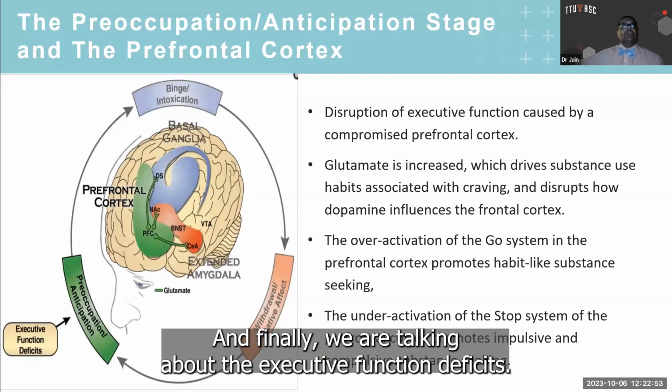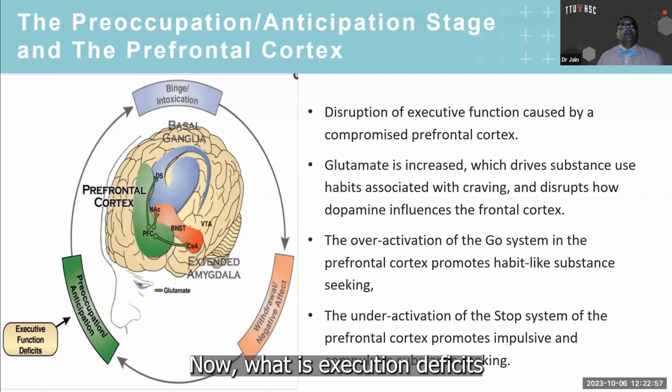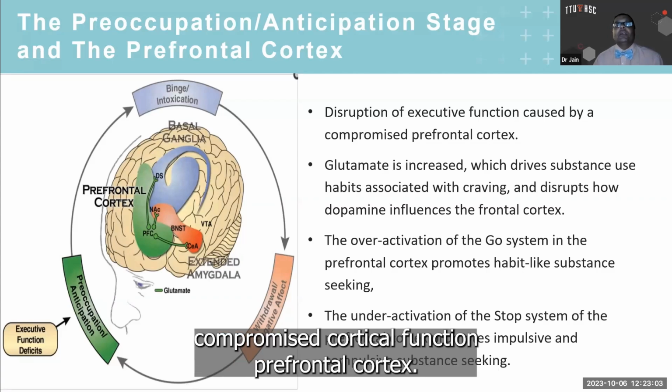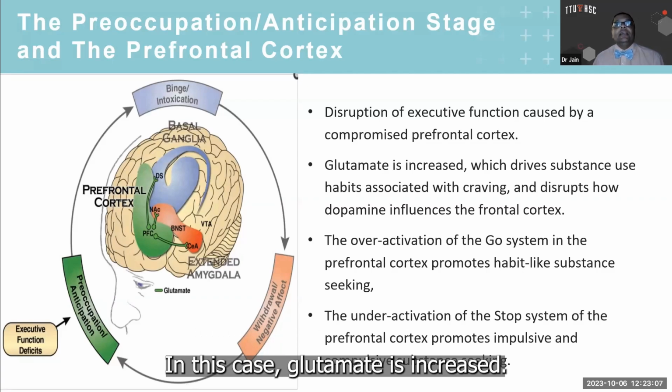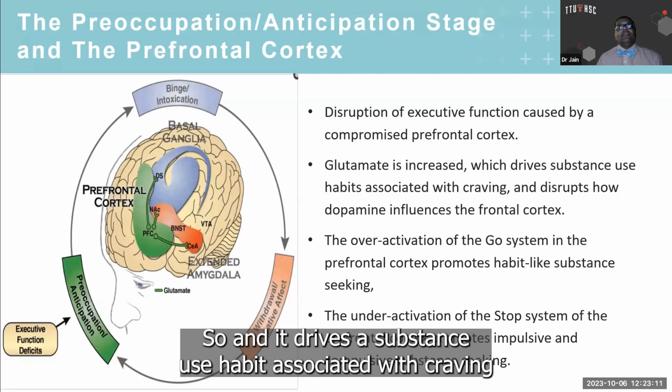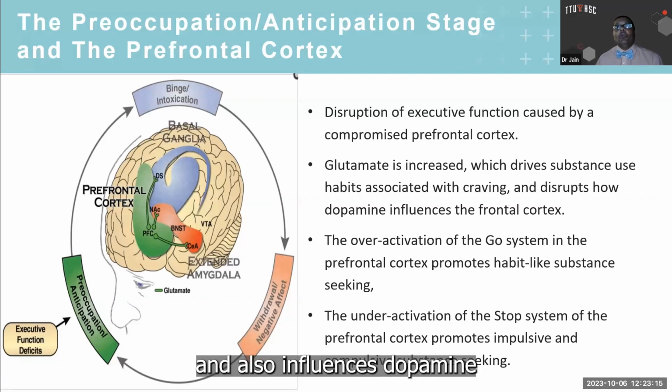And finally, we are talking about the executive function deficits. Now, what are the executive function deficits? This involves disruption of the executive function, compromised cortical function, the prefrontal cortex. In this case, glutamate is increased, right? And it drives the substance use habits associated with craving, and also influences dopamine in the frontal cortex.